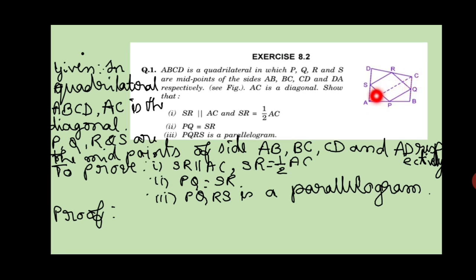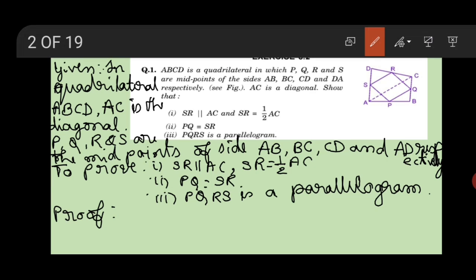Therefore, according to midpoint theorem, PQ is equal to half of AC and also PQ is parallel to AC, right? Similarly, in this triangle also, according to midpoint theorem, SR is parallel to AC and also SR is equal to half of AC, right?